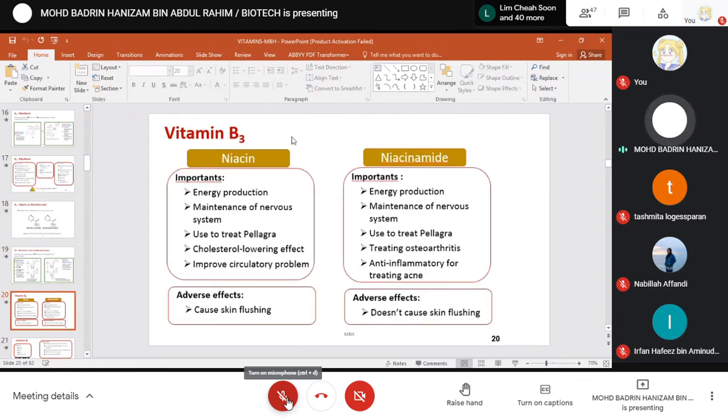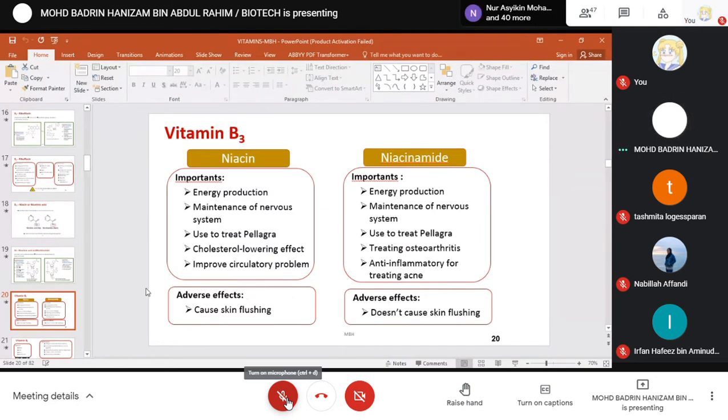All right, so let's see again the importance of niacin in energy production. Niacinamide is also important in energy production and maintaining the nervous system. Both of them are used to treat pellagra, which is now very rare, especially in our country and in developed and developing countries. Niacin has a cholesterol-lowering effect. Niacinamide is used for treating osteoarthritis and improves circulatory problems, while niacinamide is anti-inflammatory for treating acne.